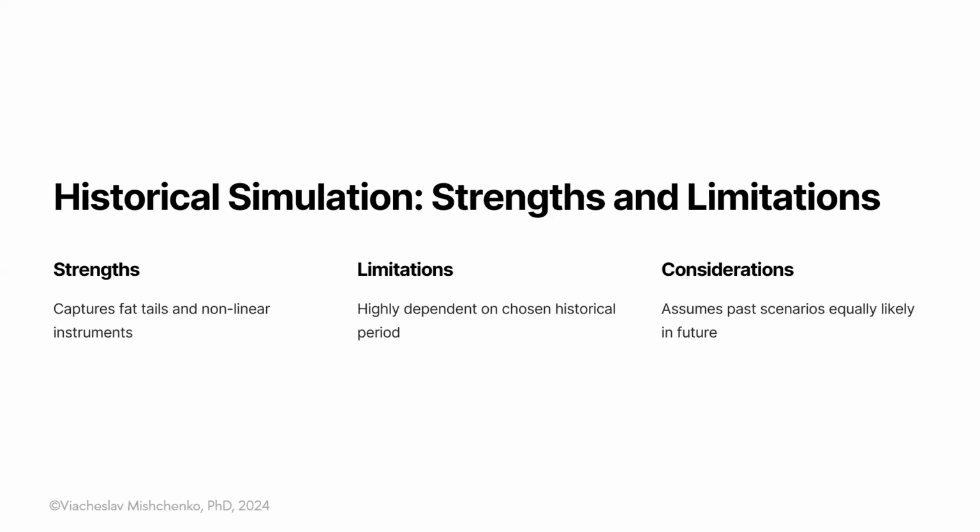And another limitation is that historical simulation assumes that all past scenarios are equally likely to occur in the future. And this for sure might not always be realistic, especially if market structures have changed.